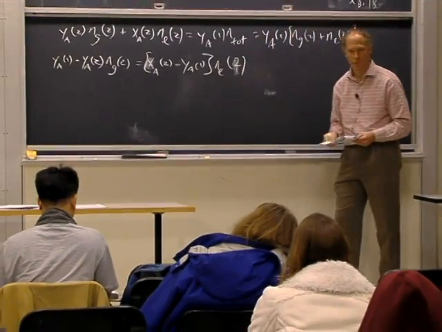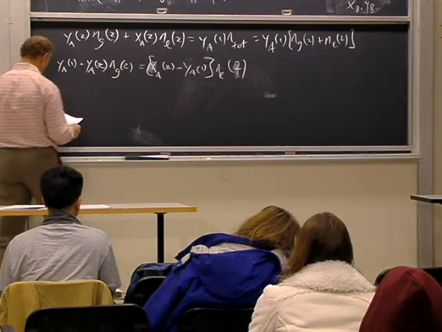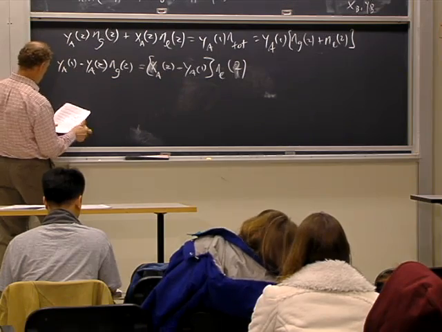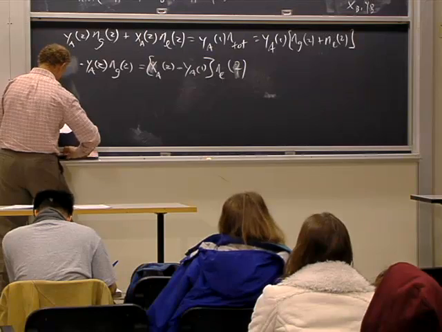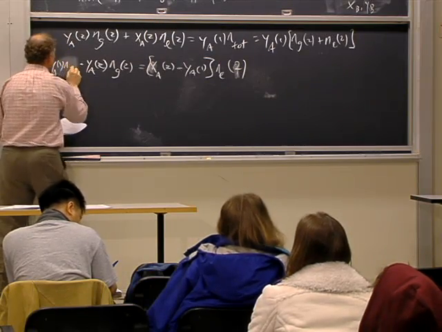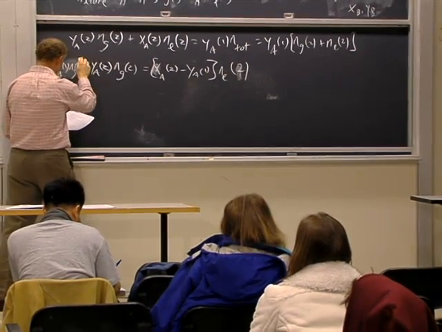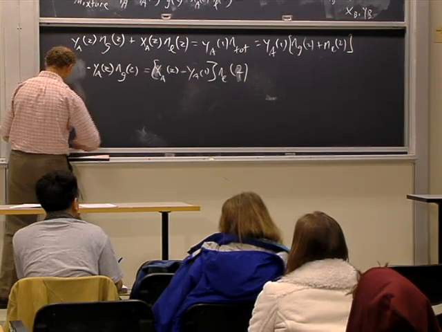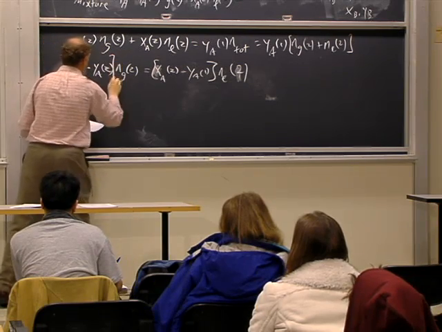All right, so I've just rearranged the terms. Wait a minute, I think I omitted something here. Ya of 1 times Ng. No, I forgot a bracket. That's what I did. Ya of 1, there. Okay.